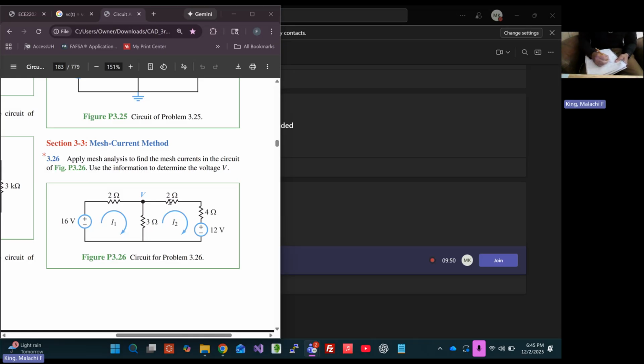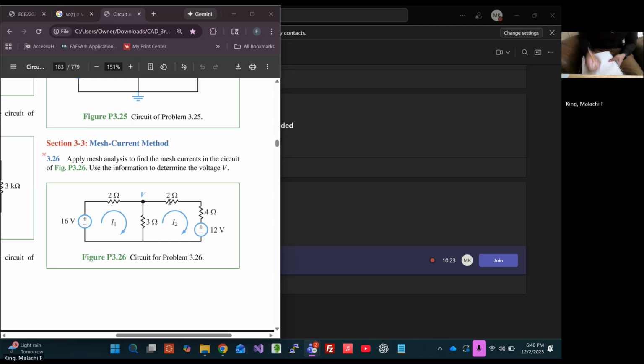I'm going to go ahead and go with I1 minus I2. So it's going to be 3 amps minus 3. Actually, no, from here we can do node voltage. Sorry about that. Had to think about it.